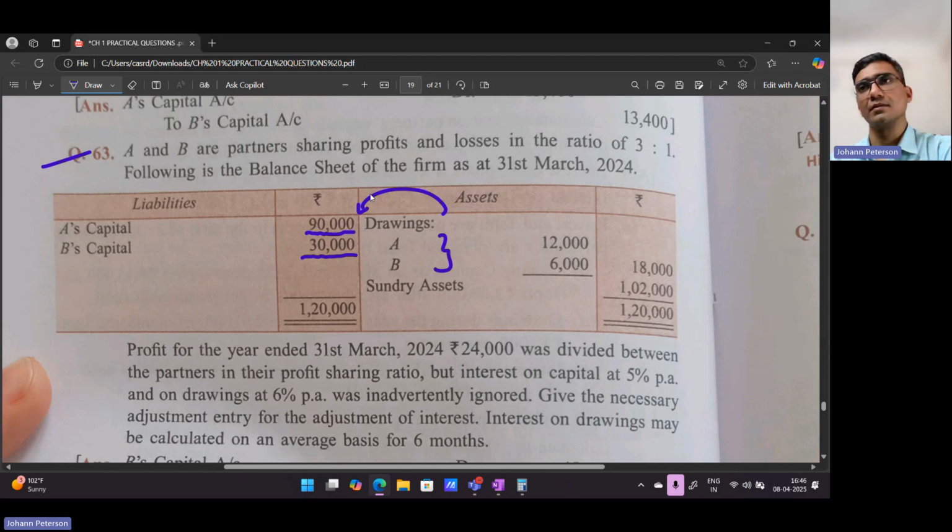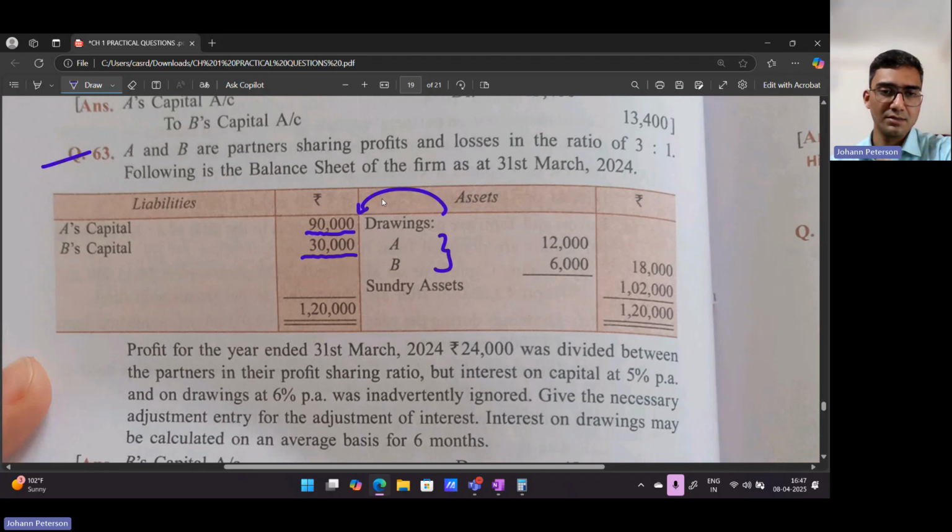It's like how we have studied in class 11, where we have a capital account shown in the balance sheet. And in that, we add our net profit and we subtract our drawings. So the balance which we finally get over there is actually the amount which is left after we have reduced the drawings.